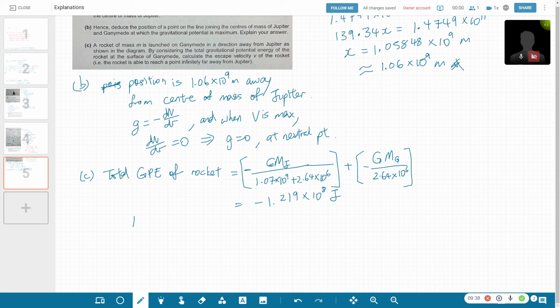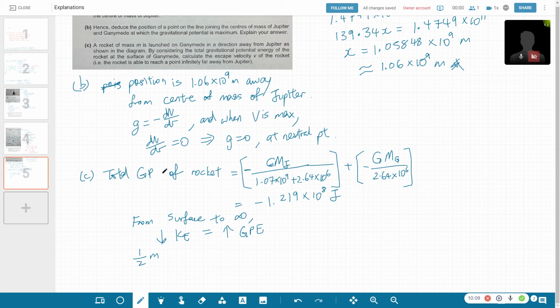Now, from the surface to infinity, we always need to do this for work-energy-power: there is a gain in GPE equal to the loss in KE. Loss is initial minus final. To be more proper, just now it's not GPE, it's gravitational potential, because I didn't include the mass of the rocket.